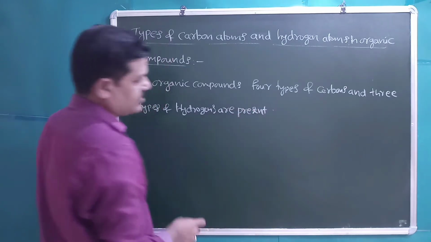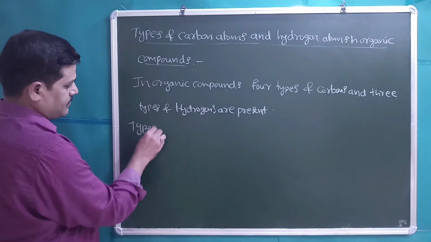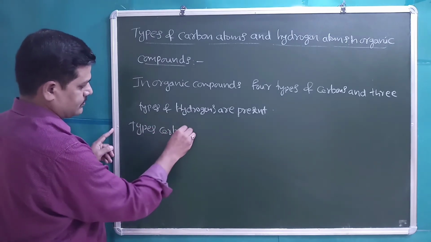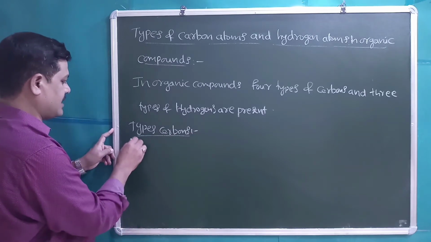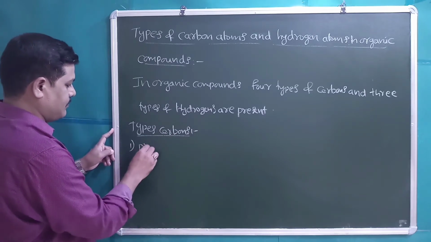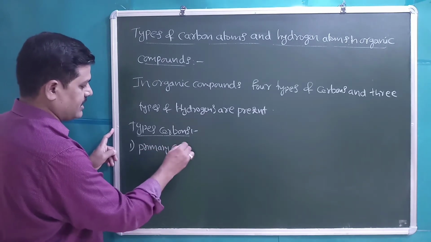Let us discuss the types of carbons first. First type of carbon is primary, which is indicated with the 1 degree.